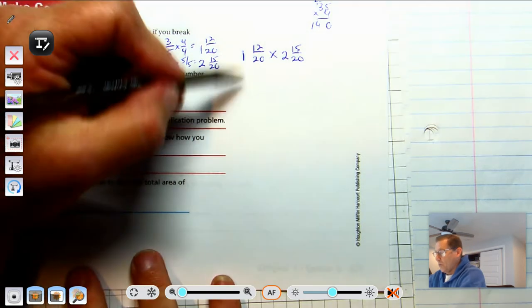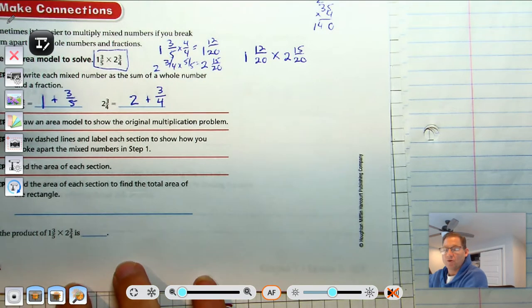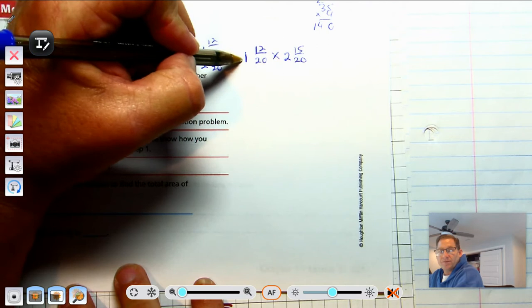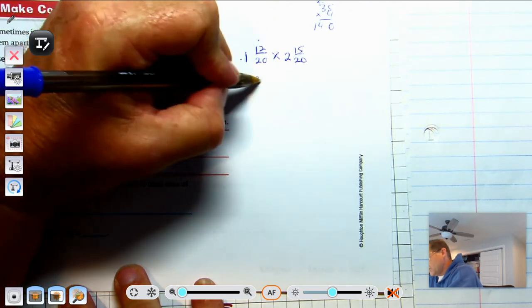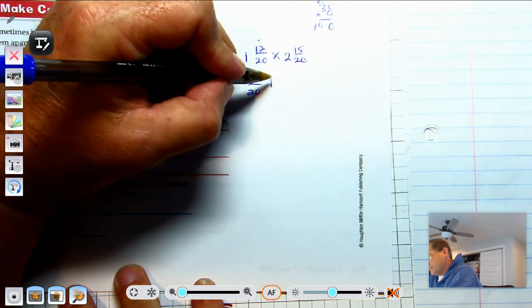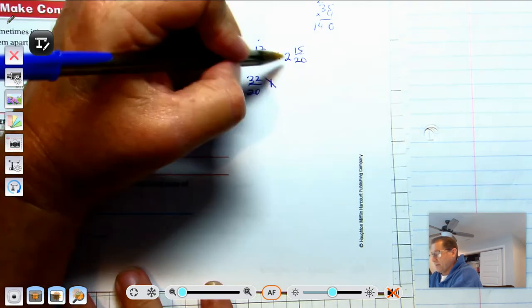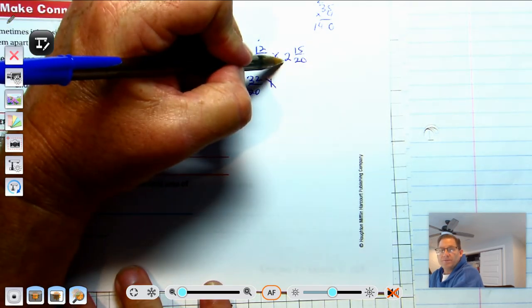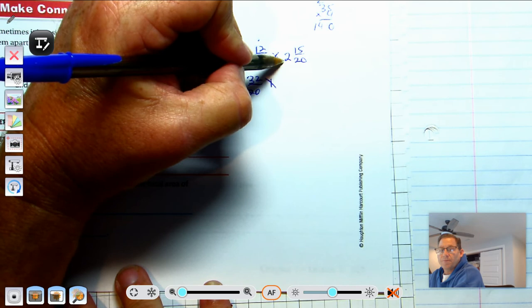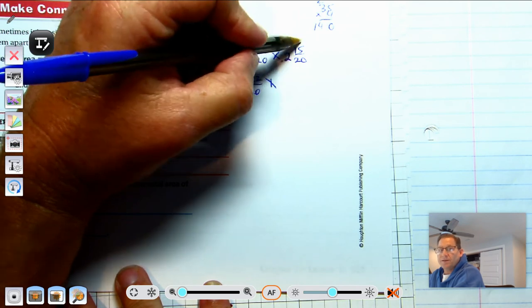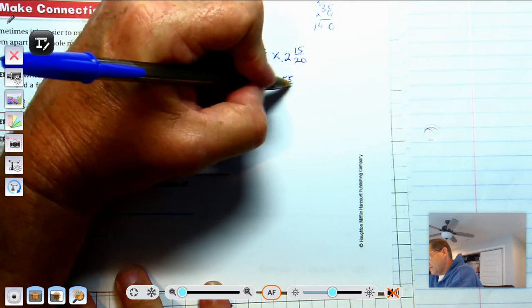So how many 20ths do we have in our drawing? We have 20 20ths plus 12 is 32 20ths, times how many 20ths are in two wholes? 20 20ths plus 20 20ths is 40 20ths, plus 15 is 55 20ths.